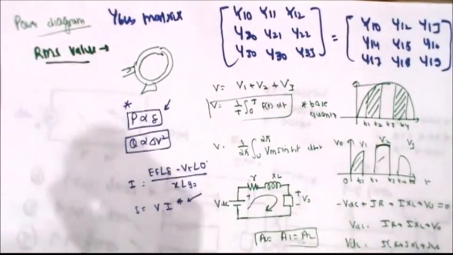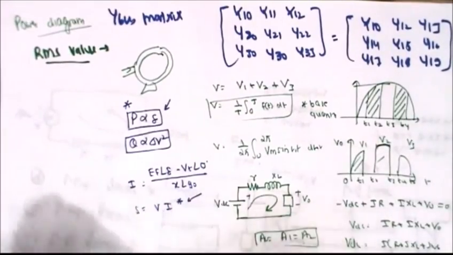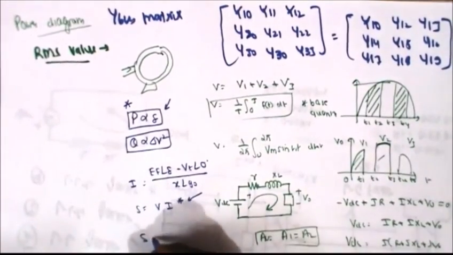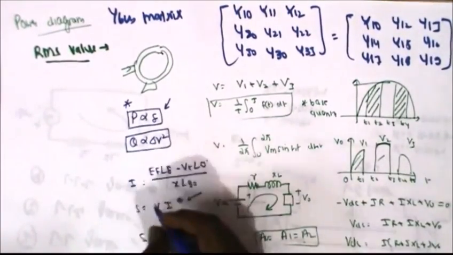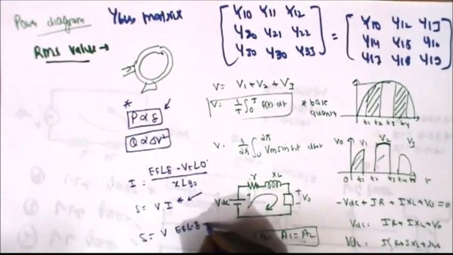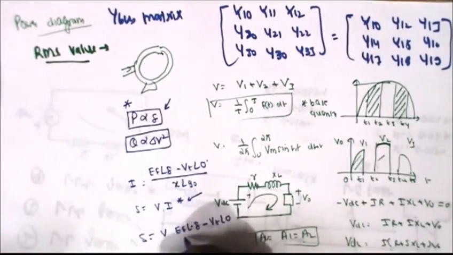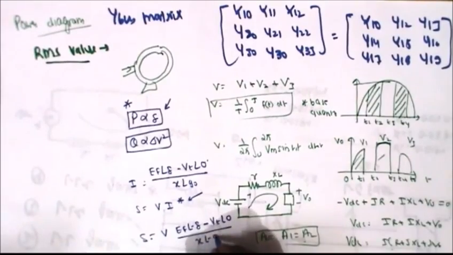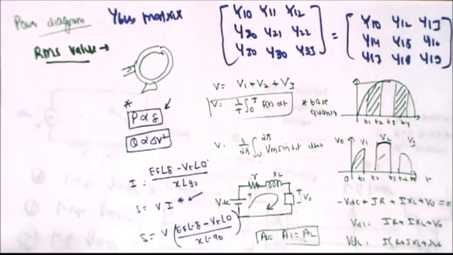So here it is compulsory that we take the conjugate. So S equals V I conjugate. Conjugate means there is a change in the angle; the angle becomes negative. Minus VT angle 0 divided by X angle minus 90.